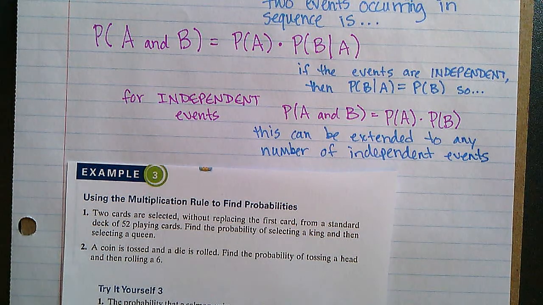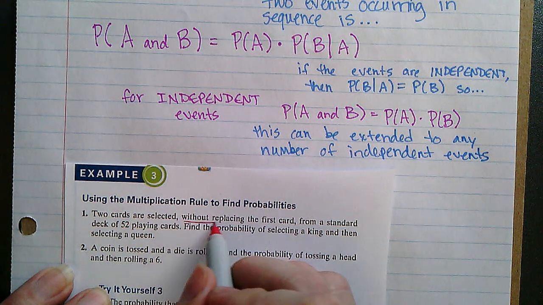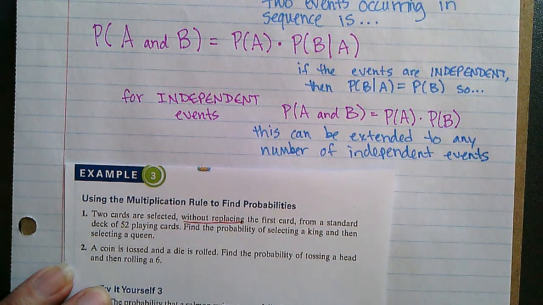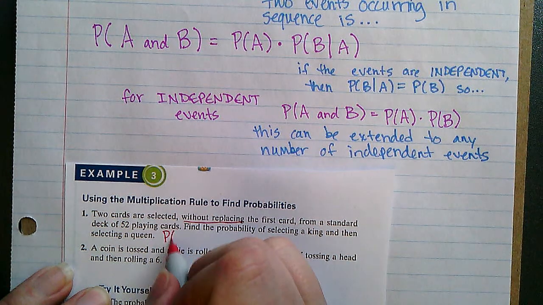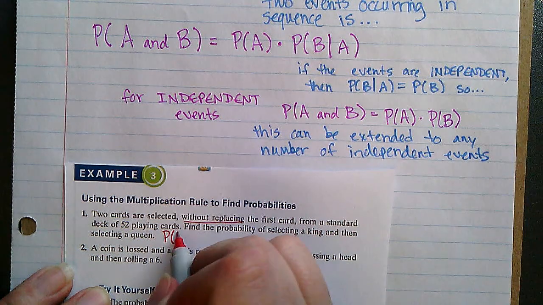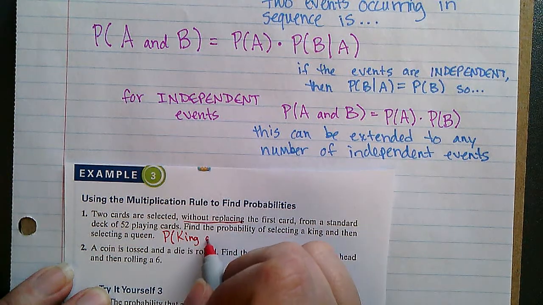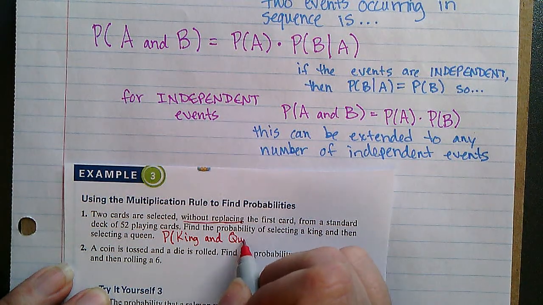2 cards are selected without replacement from a standard deck of 52 playing cards. Find the probability of selecting a king and then selecting a queen. So we want the probability of selecting a king and then selecting a queen.